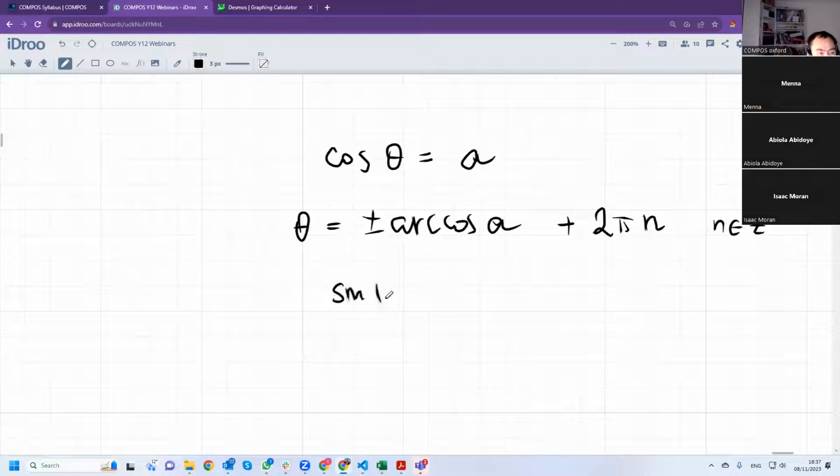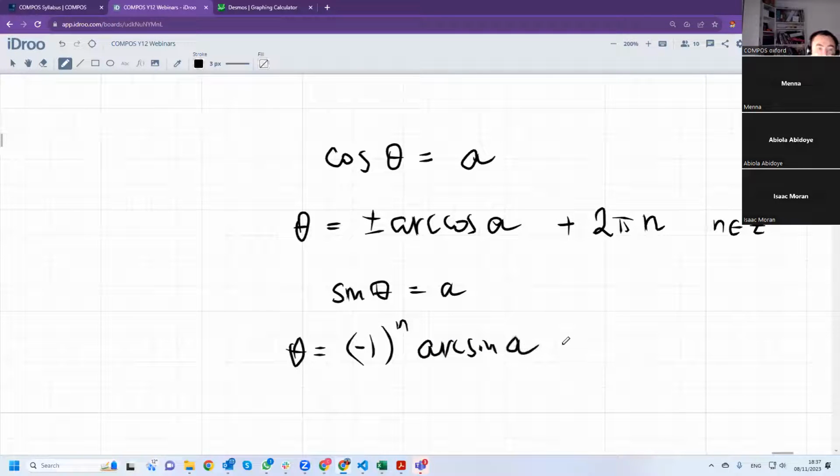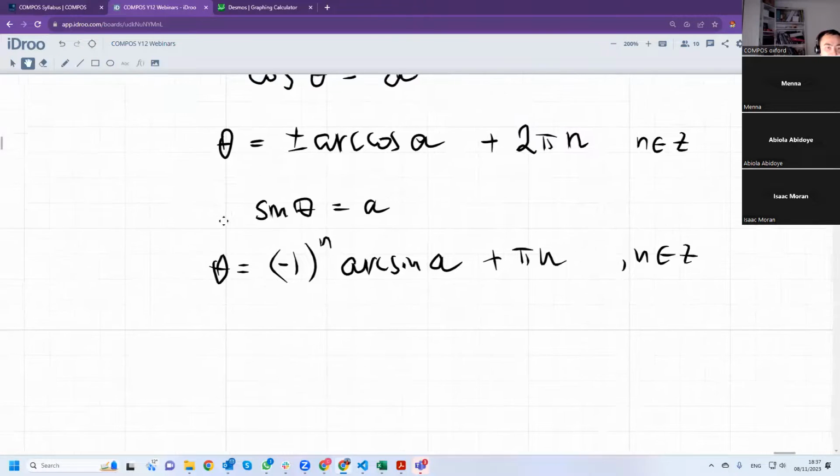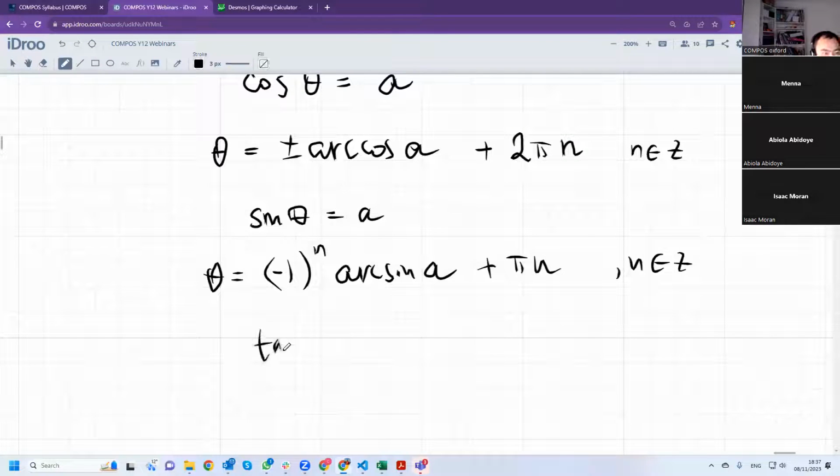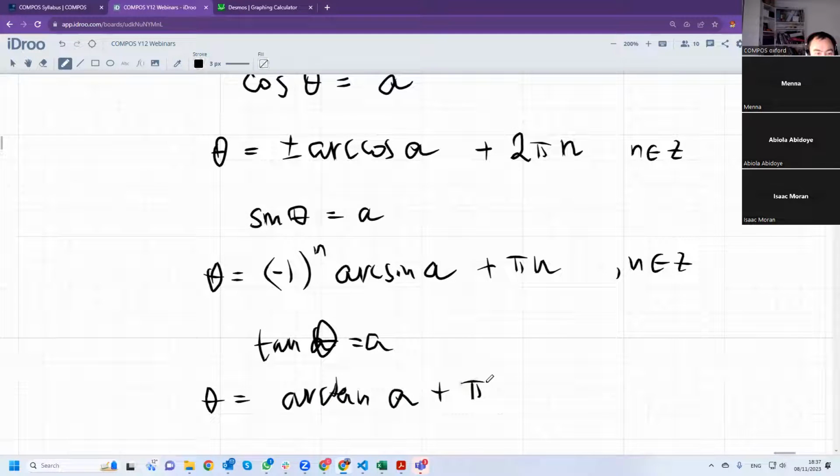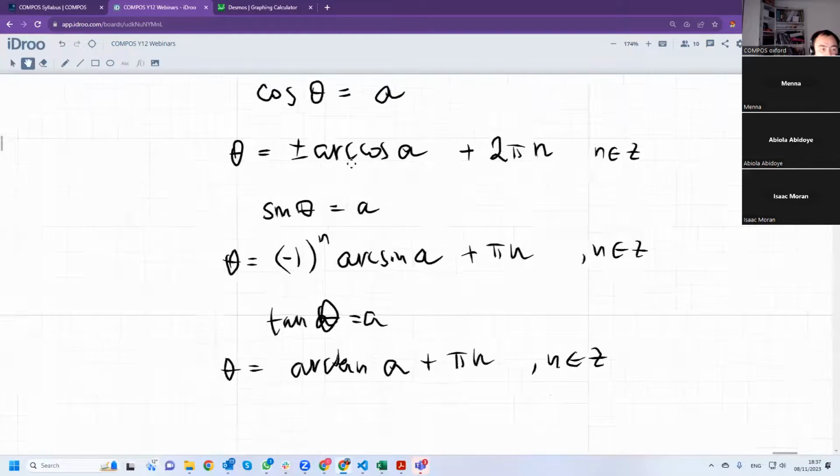For sine theta equals a, theta is -1 to the power n arc sine a plus pi n, where n is a whole number. And for tangent theta equals a, theta is arctan, it's the simplest one, arctan a plus pi n, where n is a whole number.